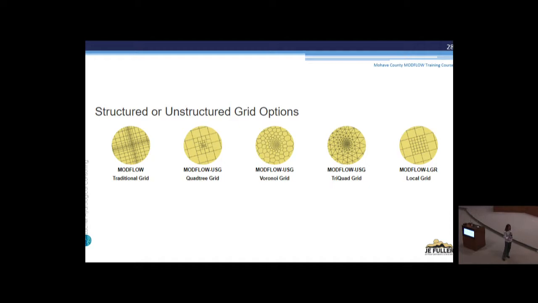Here are some examples of some of the newer grid options. This is a traditional grid on an XY axis, with some refinement. Somebody said this part of the grid is very interesting. There may be a stream here, something going on where we need a higher resolution grid, a smaller grid spacing in these areas.